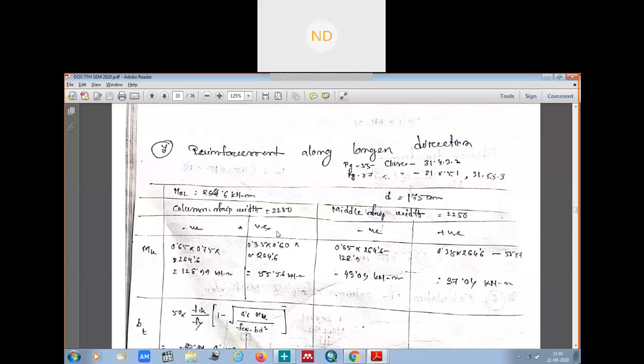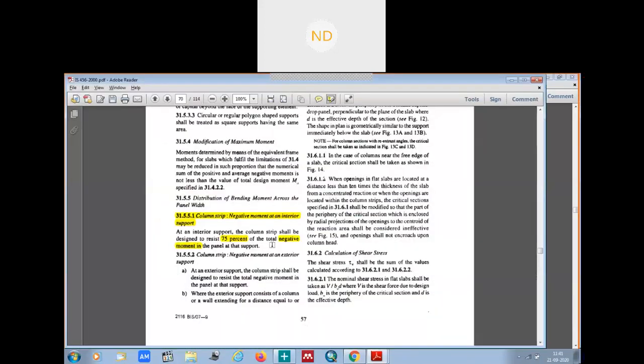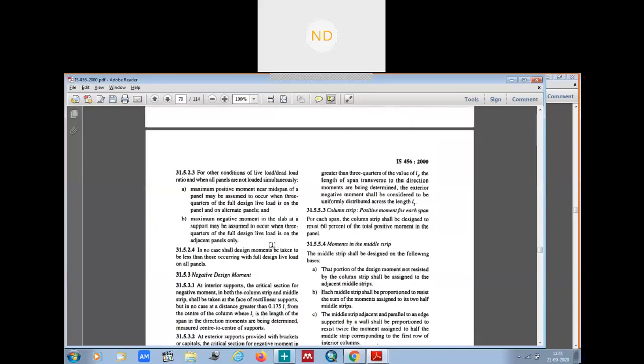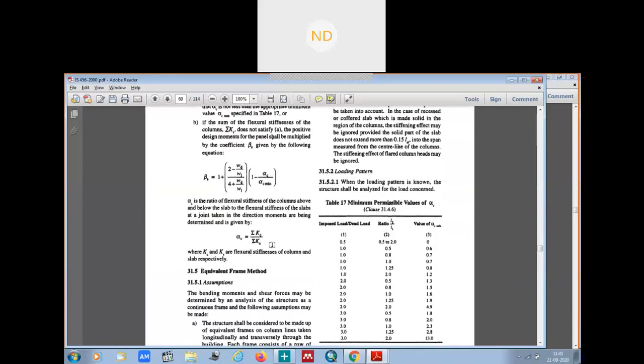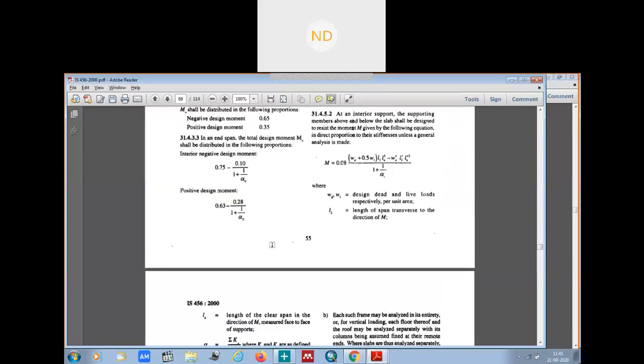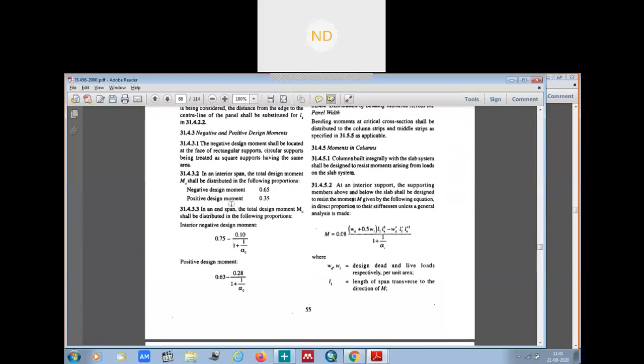Now similarly for the positive moment, again if you go to page number 55, earlier for the negative moment we had to distribute 0.65 of the negative moment.